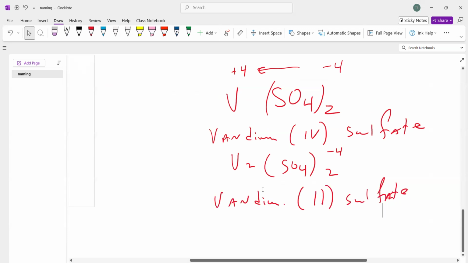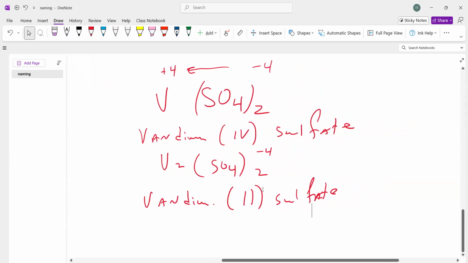Okay, let's see. Something that happens frequently with inorganic chemistry, and we're working with ions. Sometimes there are different versions of the ions, and some are more stable than the others.